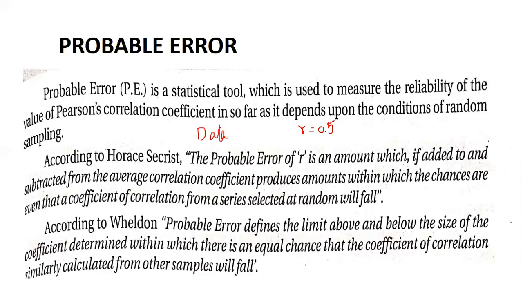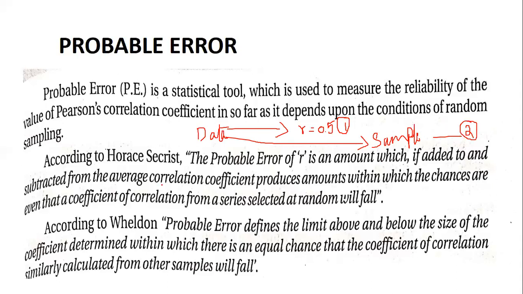Now, apart from this data, I will again take a sample from that data and calculate the values. Once I calculate r from this, this is value number 1. Now, again from this data, I'll take a different sample and calculate the value, which will be value number 2.